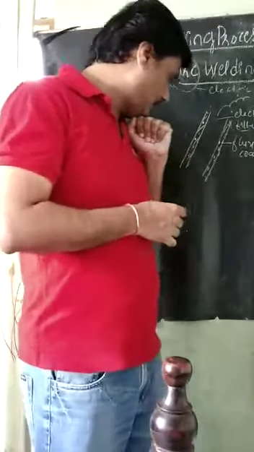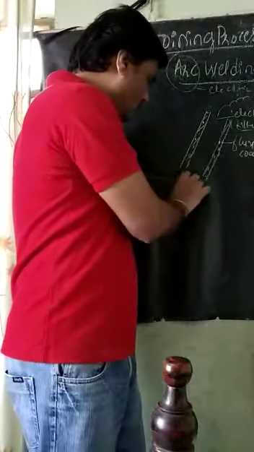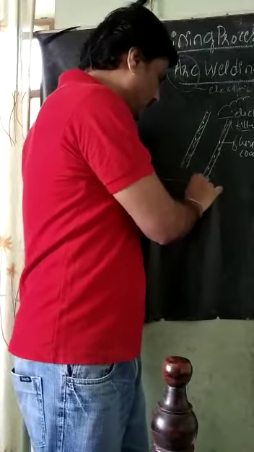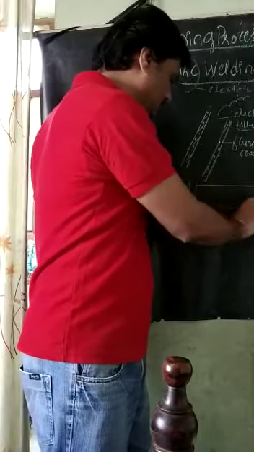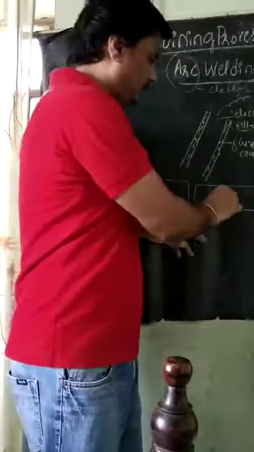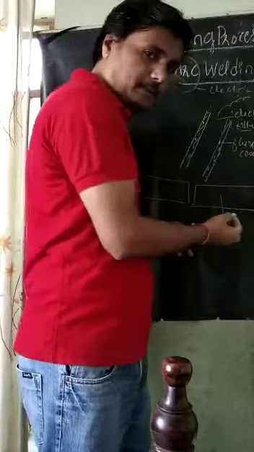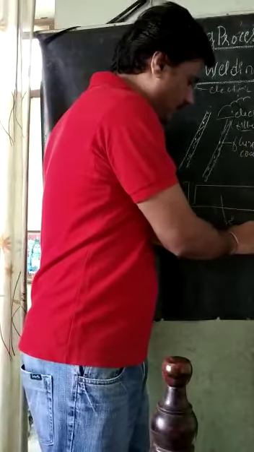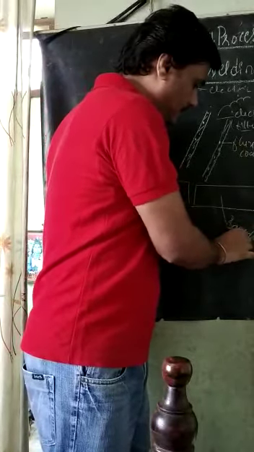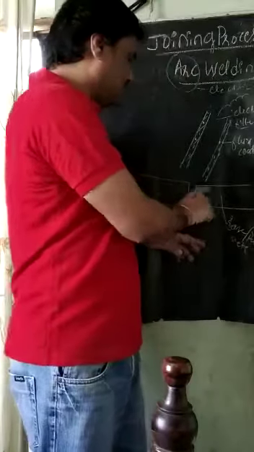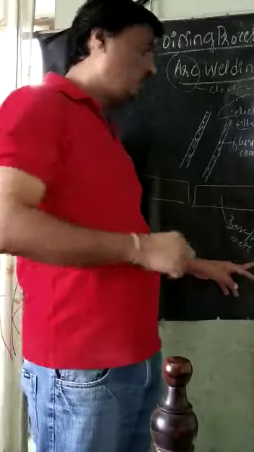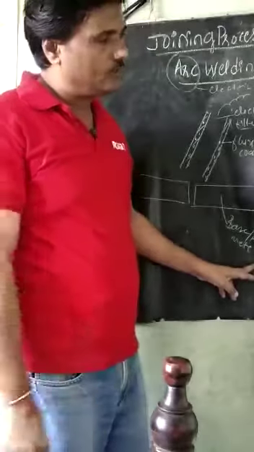Next, these are the two metal plates, the base or parent metals, which I want to join here. What has to be done?